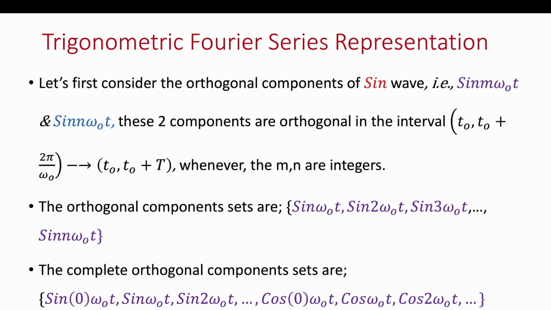You can start from sine omega naught t, then sine 2 omega naught t and so on, and then cos 0 omega naught t, because cos 0 is 1, then cos omega naught t, cos 2 omega naught t, and so on.